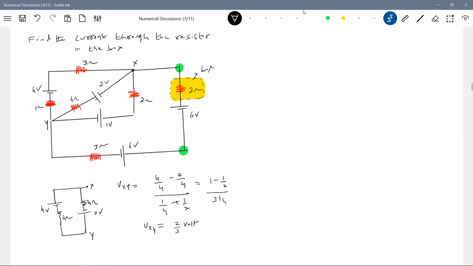What about the effective resistance RXY? It is 1 by the summation of 1 by R, so it will be 1 over 3/4, that is 4/3 ohm.